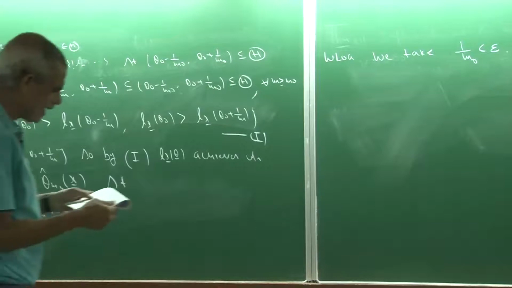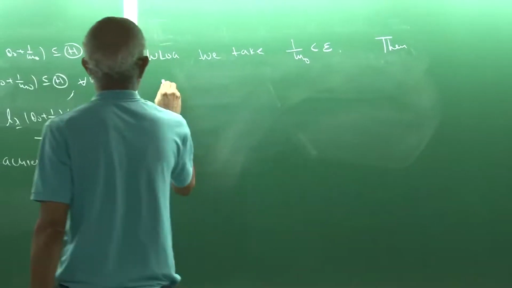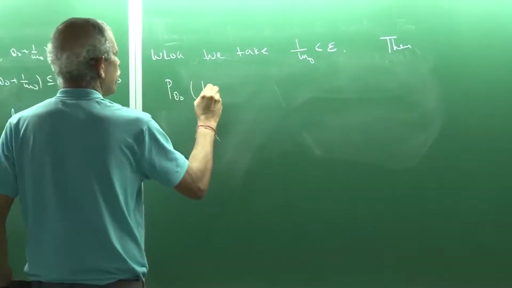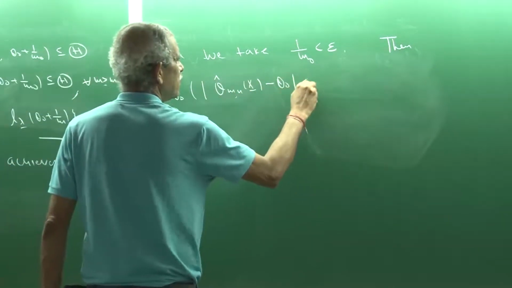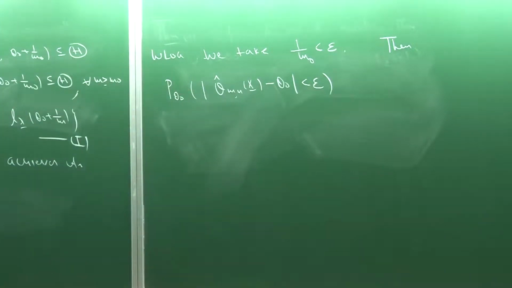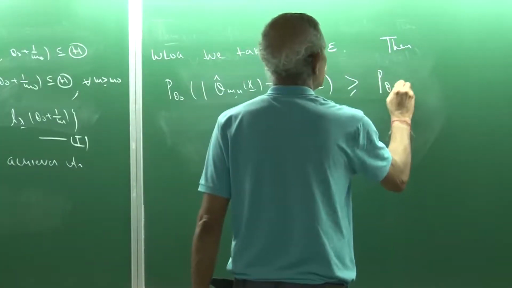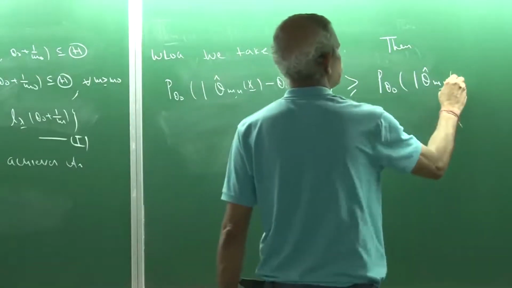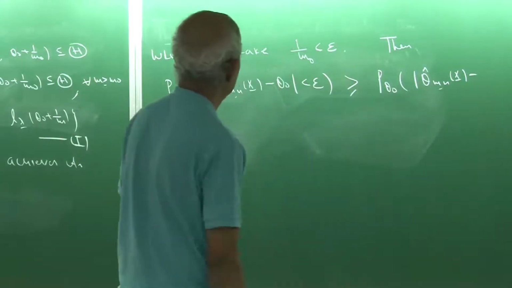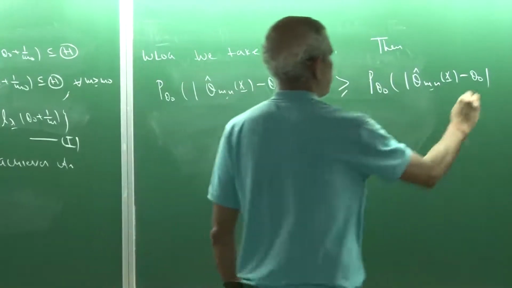So if that is the case, then I look at P theta naught of mod of theta hat m n x minus theta naught less than epsilon. I'll try to show that this always goes to 1. This would always be greater than or equal to P theta naught of mod of theta hat m n x minus theta naught less than 1 by m.